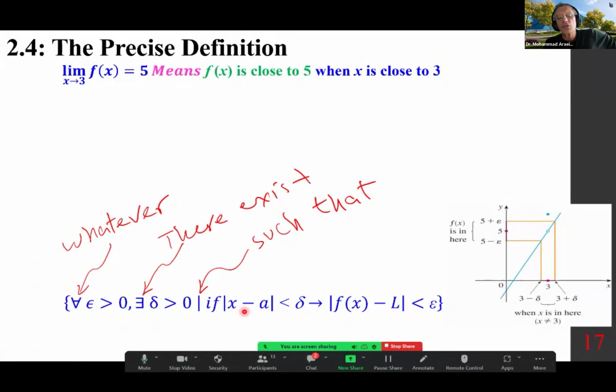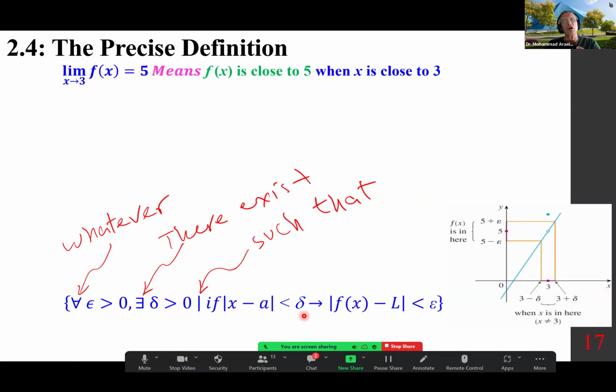Now remember, absolute value refers to distance. So within the distance of delta, okay, this is within the distance of epsilon. F of x and L have a distance of maximum epsilon. X and a have a maximum distance of delta.